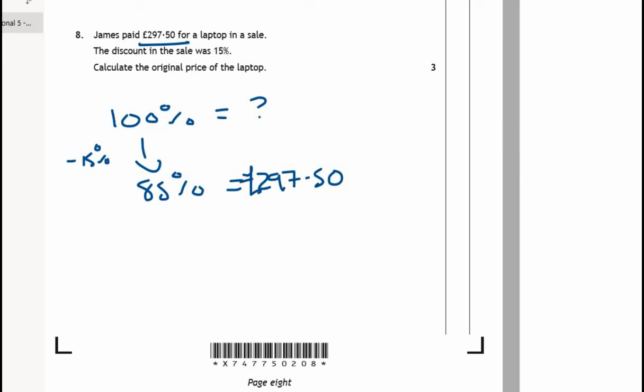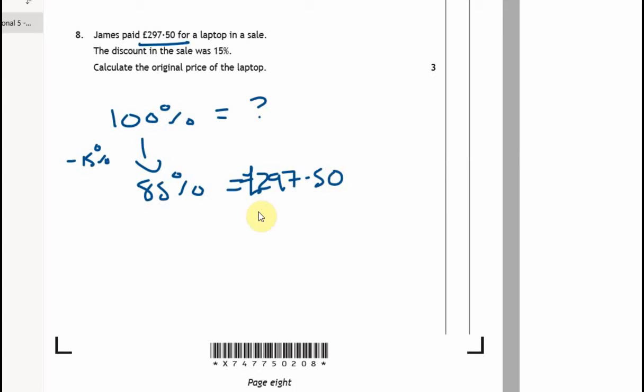How do we work out what 100% is? We couldn't say, for example, times by 1.15, because that would increase the 85% by 15%, so it would be 15% of 85%. We can't do that.